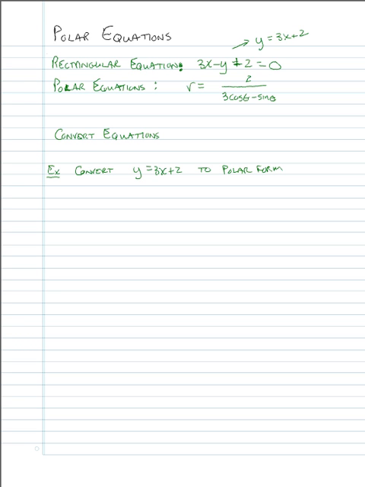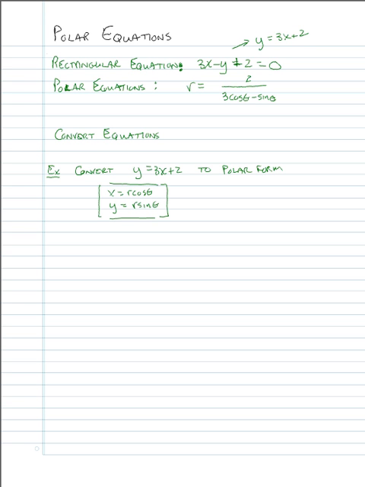Now, when we're converting from rectangular to polar, when we're doing points, that was complicated. When we're doing equations, it's simple, because every time we see an x, we can replace it with r cosine theta, and every time we see a y, we can replace it with r sine theta. So this ends up being a fairly simple proposition.